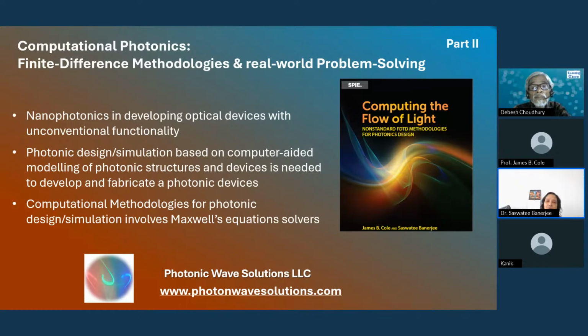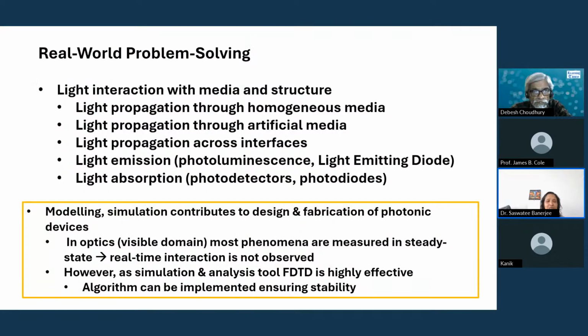So you have to feed back into the fabrication side, and the fabrication side will come back, and you have to do your modeling simulations and give them some better directions. This is where it is very important to do this kind of simulations, this kind of modeling. So here, as Professor Cole already explained, we are discussing Maxwell's equation solvers. So let's go to the next slide.